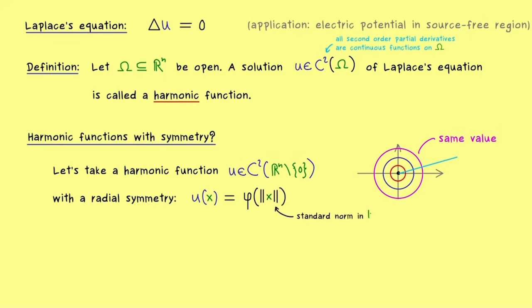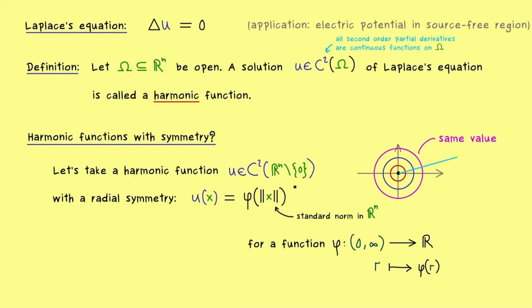And clearly what we mean here is the standard Euclidean norm in Rn. And obviously this function phi only has to be defined on the real interval from 0 to infinity. And the values are the same as for u, so we land in R. And moreover, a common thing would be to denote the radial variable by R. Hence now everything is just about the function phi of R.